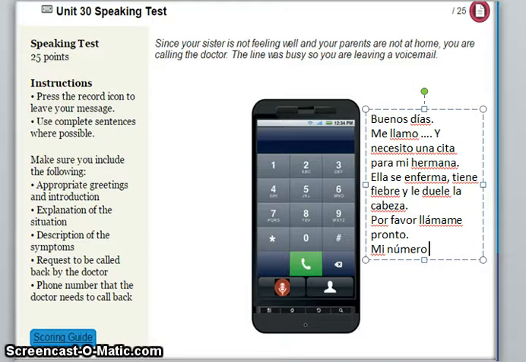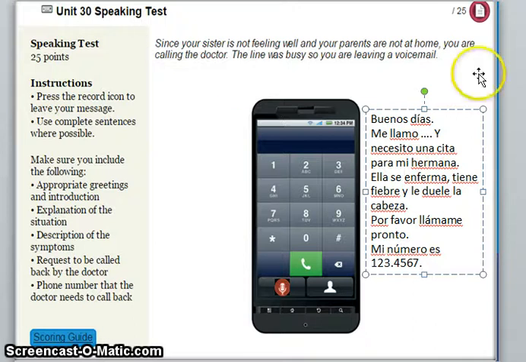Mi número es, and your number can be anything you want. So I'm going to say mi número es 1-23-45 y 67.